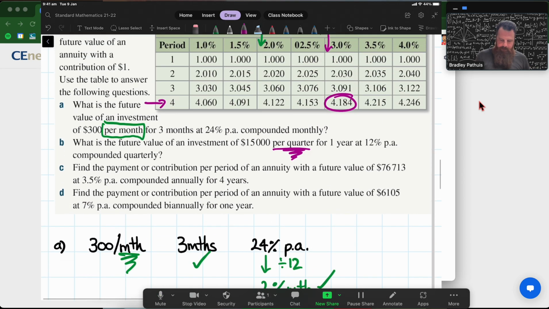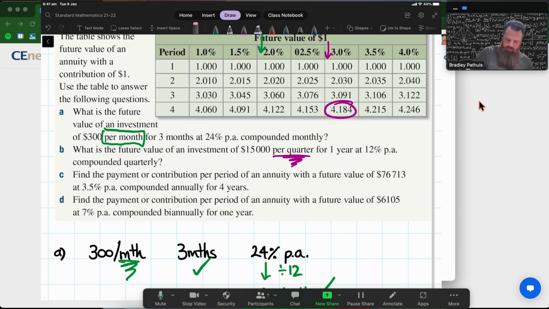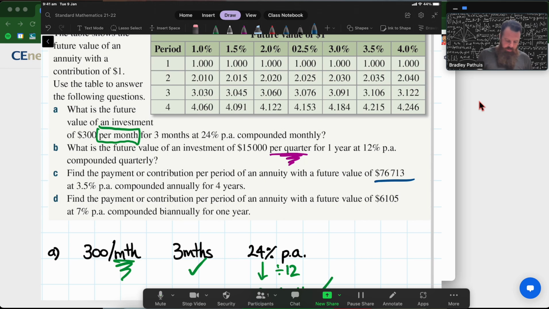All right, moving along. Let's go blue. Find the payment or contribution. So now we've got to work backwards because we don't know what our regular investment is. We've been told the contribution per period of an annuity with a future value of $76,000, 3.5% per annum compounded annually for 4 years.